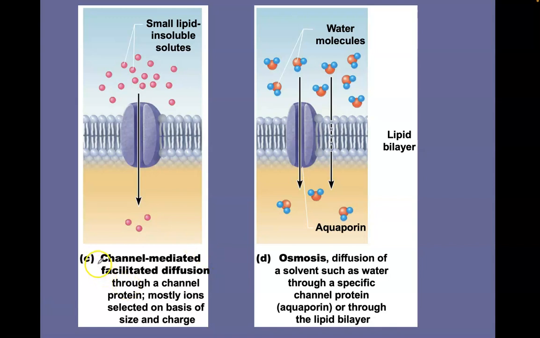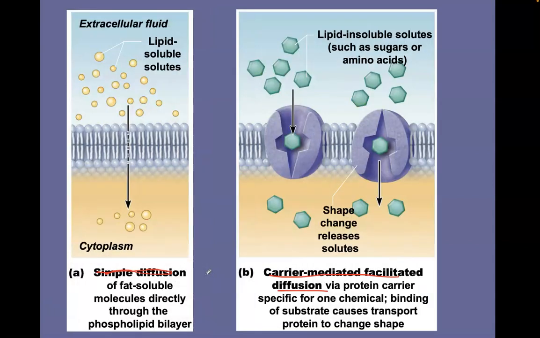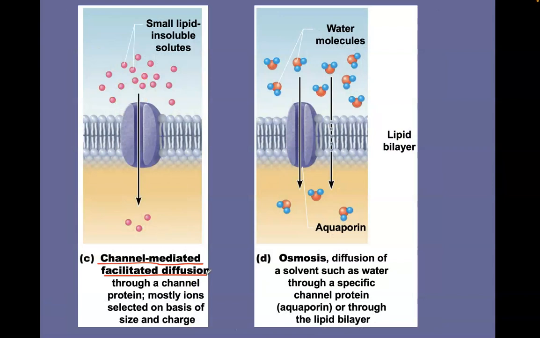Then we also have channel-mediated facilitated diffusion. They're both facilitated diffusion, right? We've got the carrier-mediated and the channel-mediated, but they're both facilitated by proteins. This one just means that it's through a protein channel. Usually this protein channel is polar, so that it allows polar molecules or small lipid-insoluble molecules to get through.